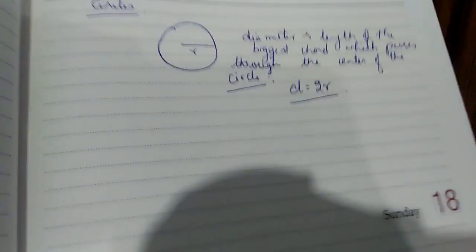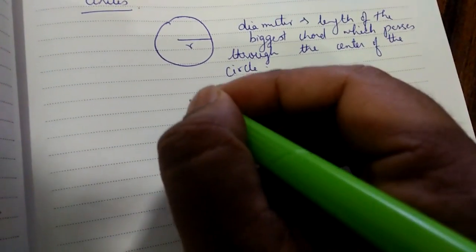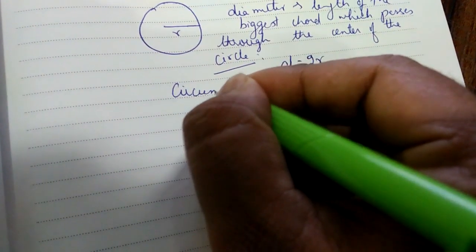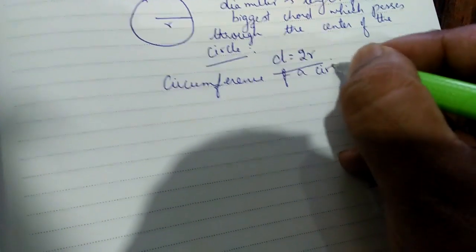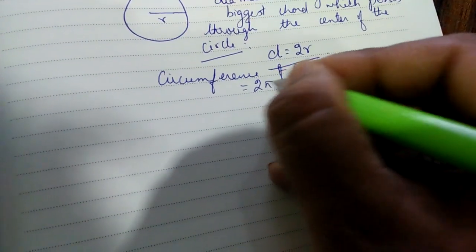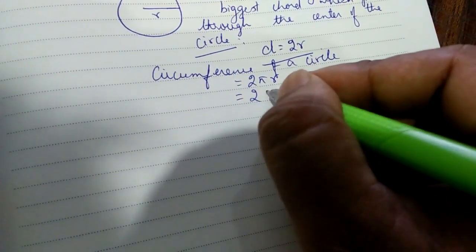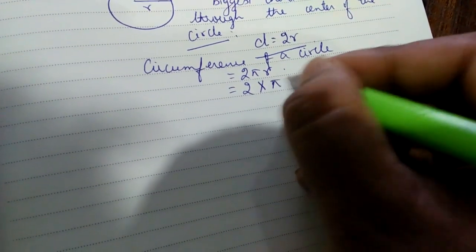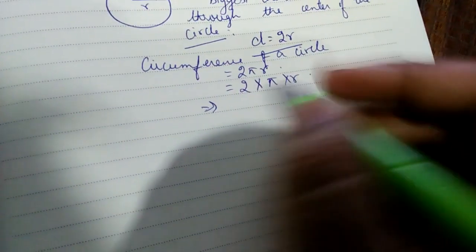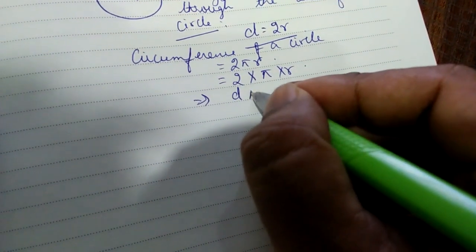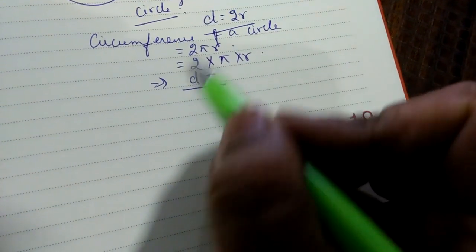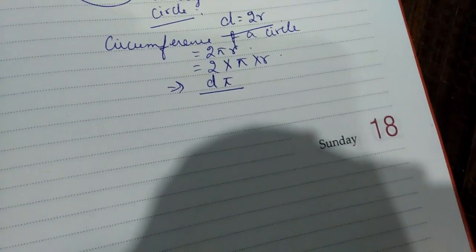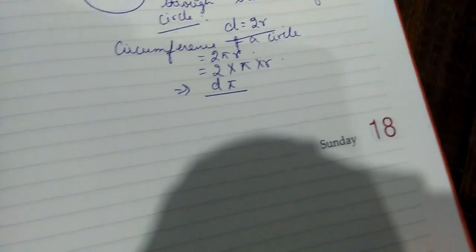Circumference of a circle is 2 pi r, that is 2 into pi into radius, which is pi d as well. If the diameter is given, d is equal to 2r, so the circumference is pi d.